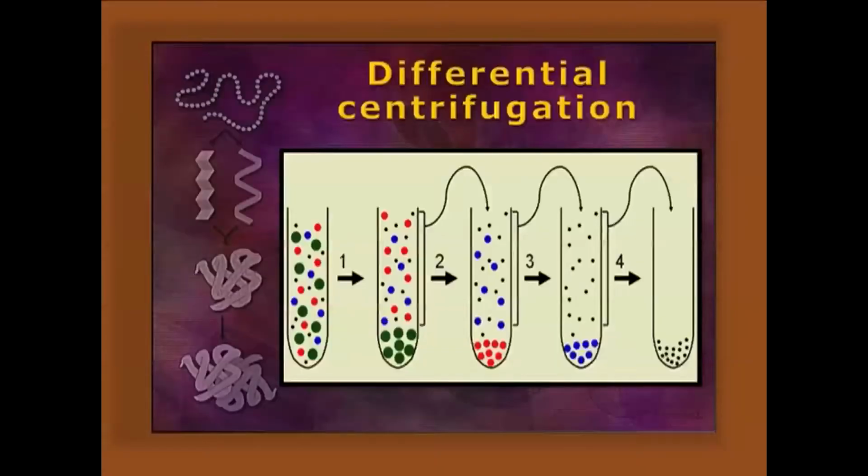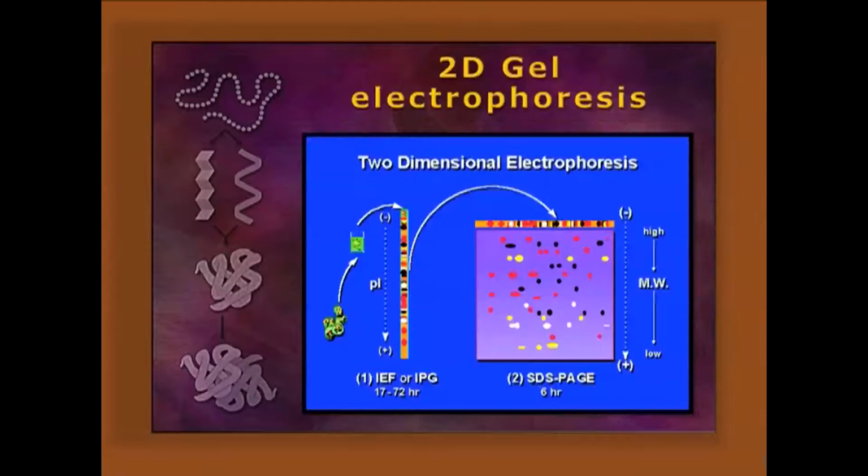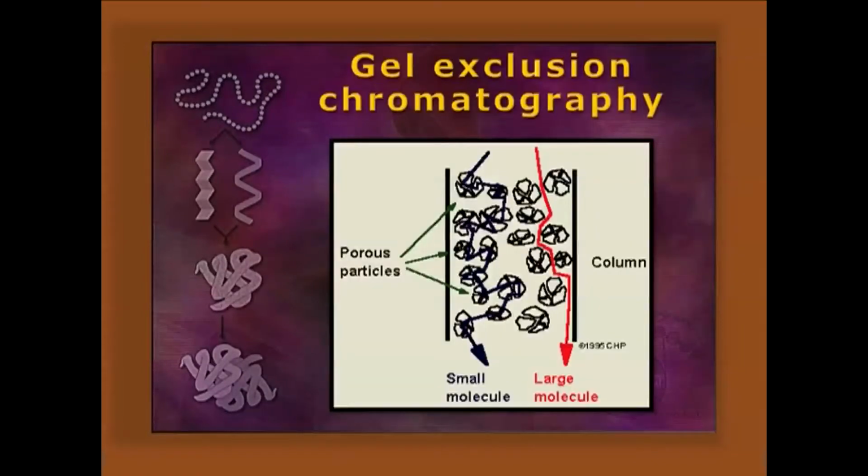Purification: globular proteins can be purified by different techniques. First, differential centrifugation, where proteins are separated according to mass. 2D gel electrophoresis, where proteins are resolved in an electric field according to charge to mass ratio. Gel exclusion chromatography, where proteins are separated according to size or mass; the larger protein will come out first.